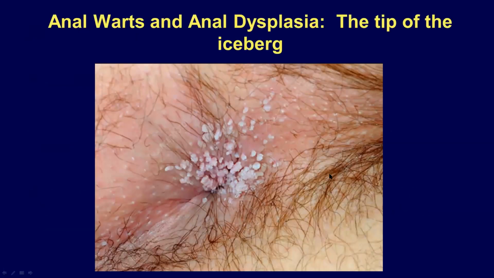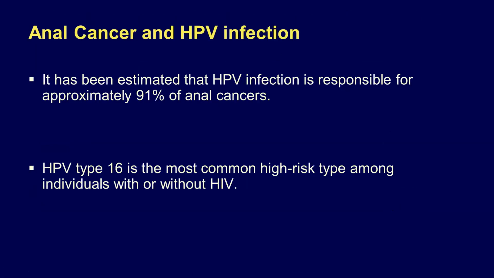Next slide. So when we talk about anal cancer, what we are finding is that there are some markers or lesions that we believe, over time, can lead to cancer, like anal warts or anal dysplasia. While the risk of becoming cancer is very low, we need to know that it is present.